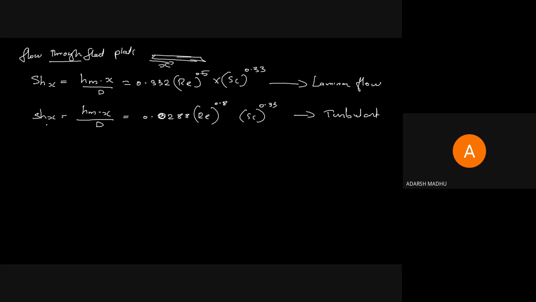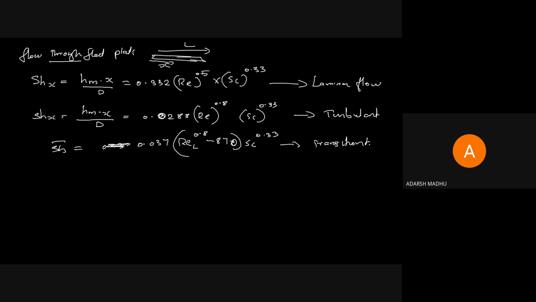And SH bar equal to 0.037 into REL raised to 0.8 minus 870, into SC raised to 0.33, where L is the total length, when it is in the transition region.